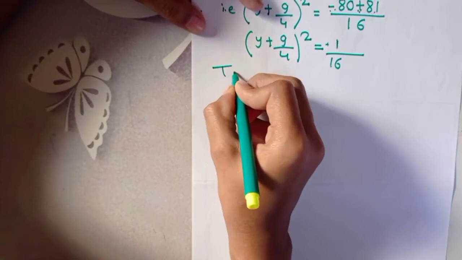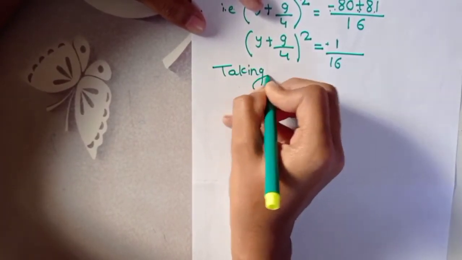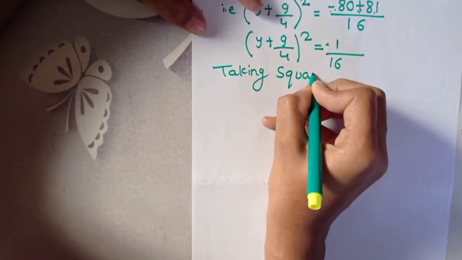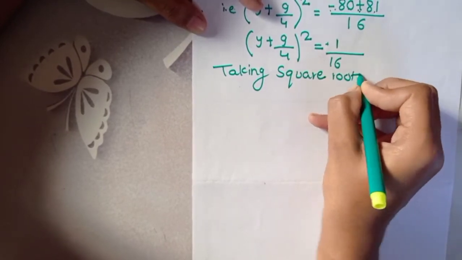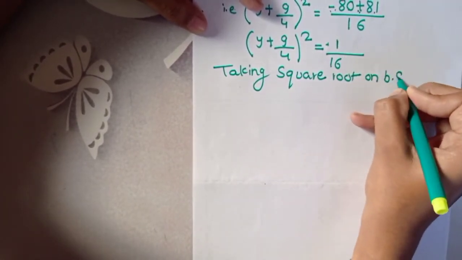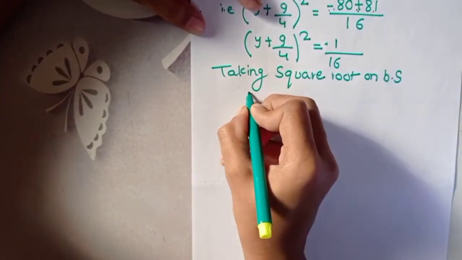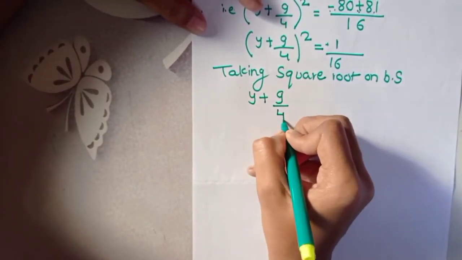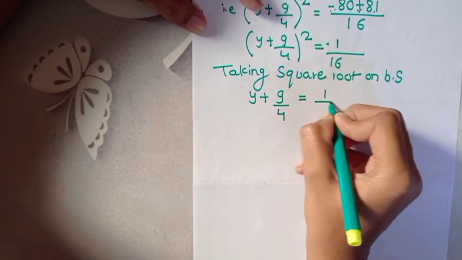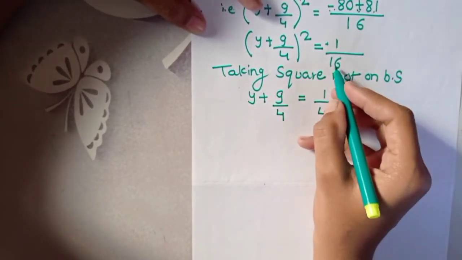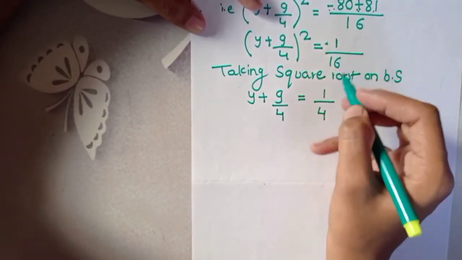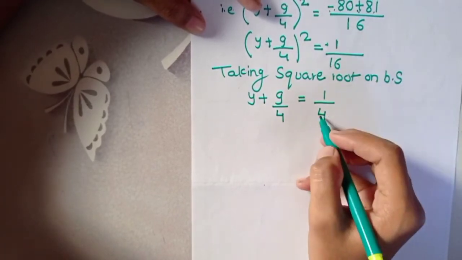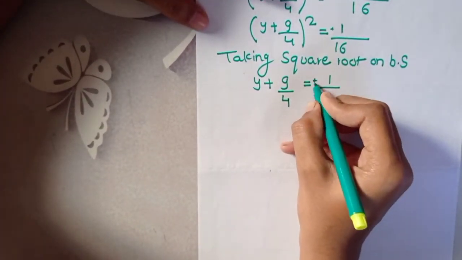Here taking square root on both sides, we will get y plus 9 by 4 equal to 1 by 4, because root of 1 is 1 and root of 16 is 4. Here there will be plus or minus.